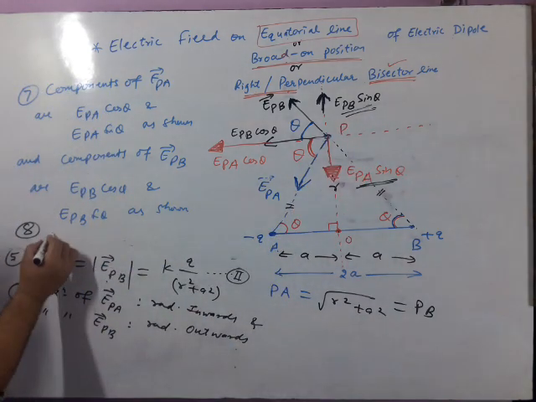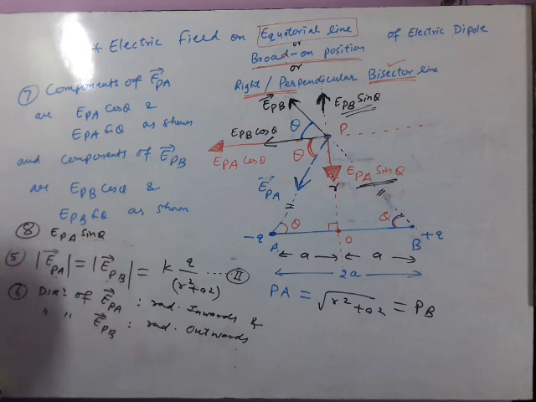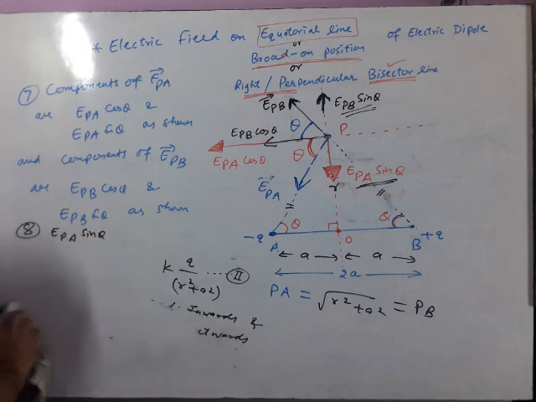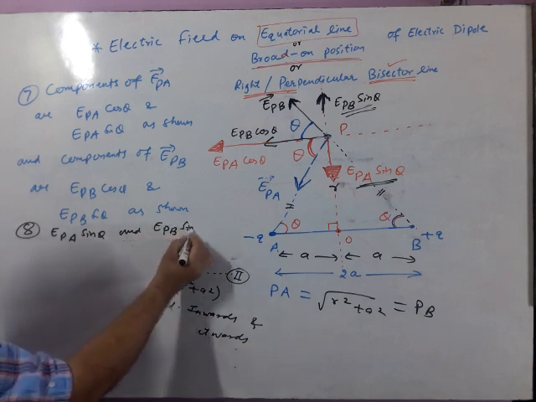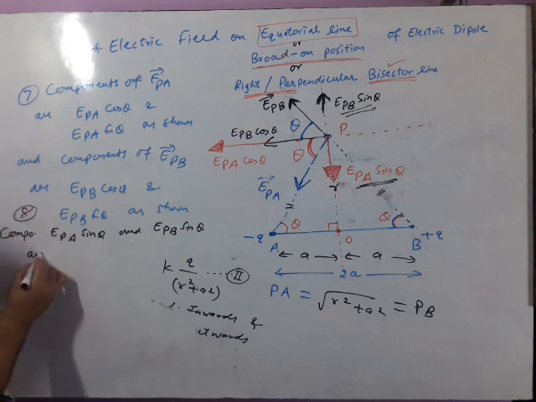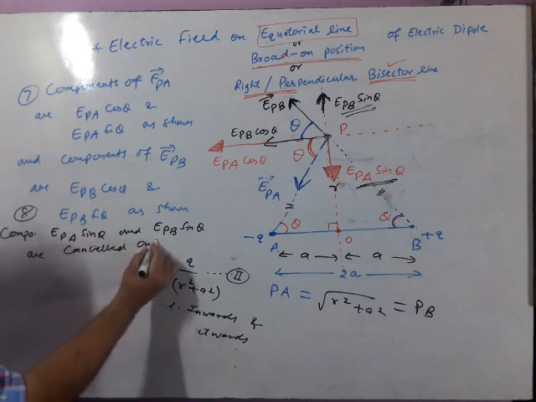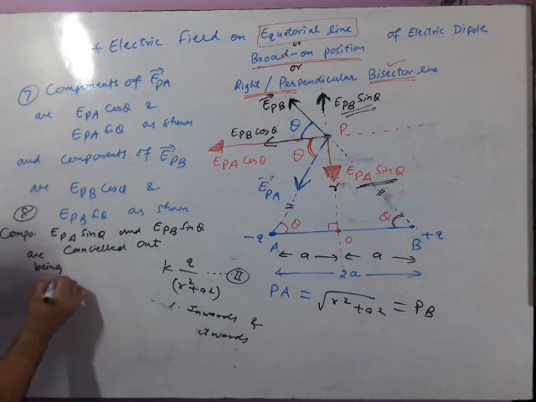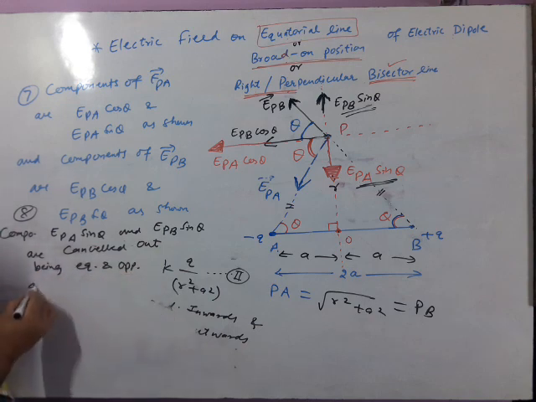So we write it like this: EPA sin theta and EPB sin theta components are in opposite direction and are cancelled out, being equal and opposite. Breathe in again.